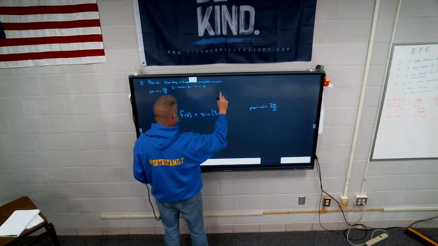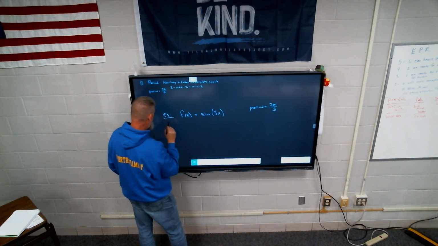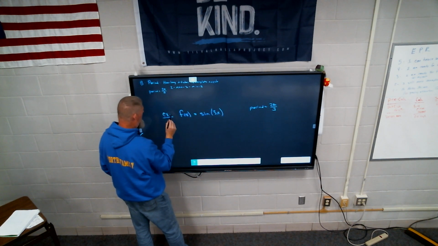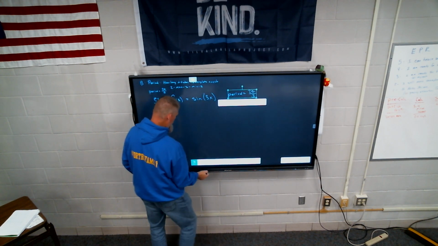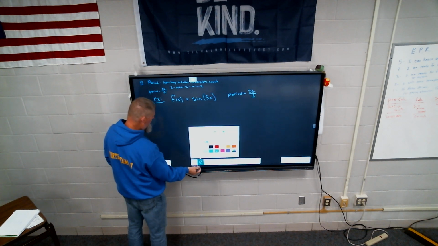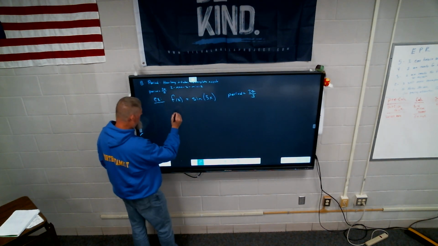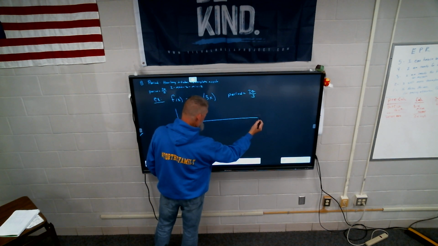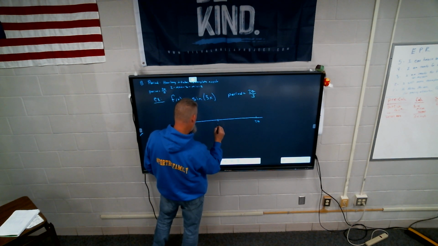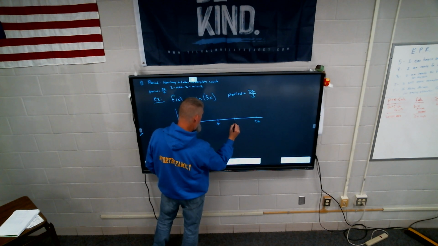Let's make this smaller. Okay, so then I want to move this up so I have more room. I'm still getting used to the board. Okay, so let's go to, okay, we got blue. So let's sketch my thing here. I'm trying to make this a little bigger this time, so we'll go 2 pi. So halfway is pi, halfway is 3 pi.